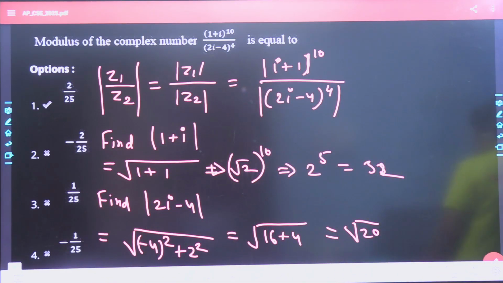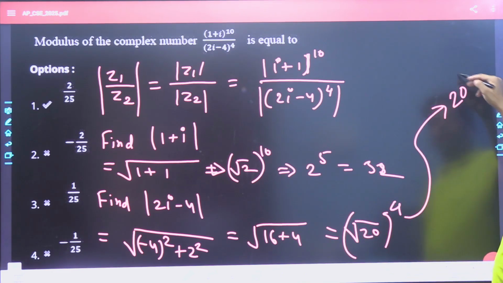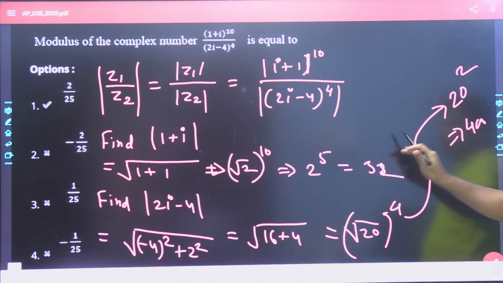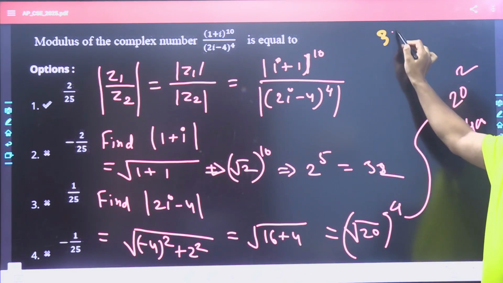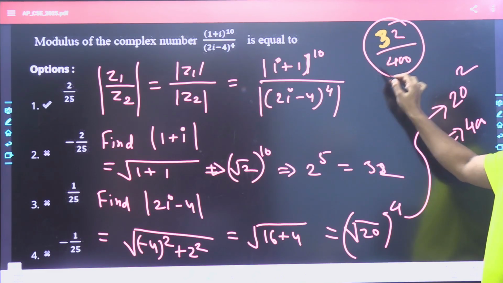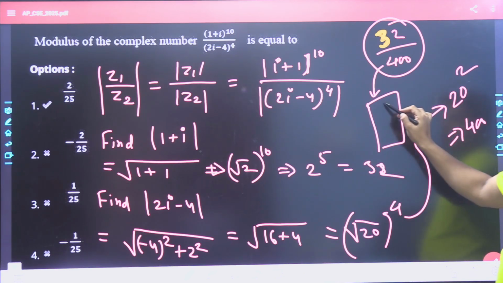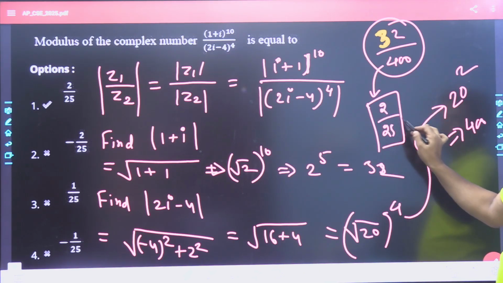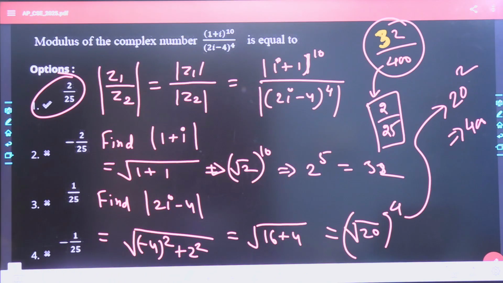Now we need to take its power 4, so this becomes 20 square, how much? 400. So this value is 32 and this value is 400. 32 divided by 400 is how much? On calculating, this is 2 by 25. You can go with the first answer, 2 by 25.